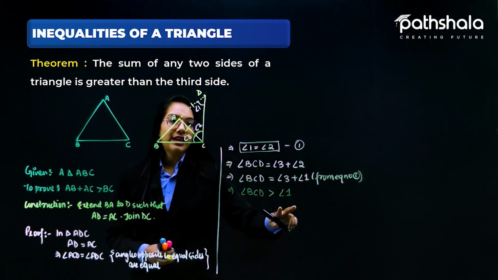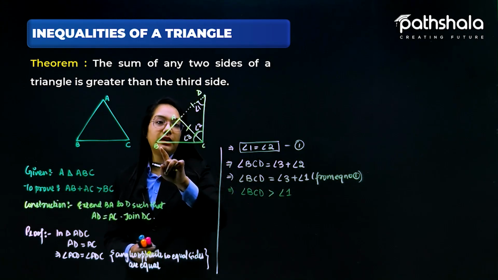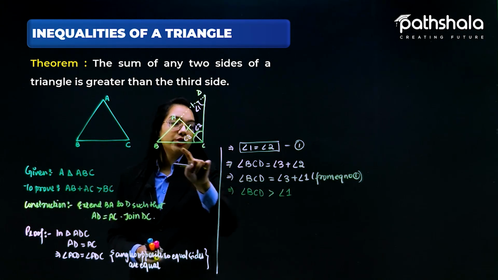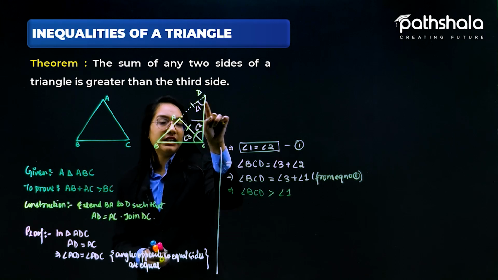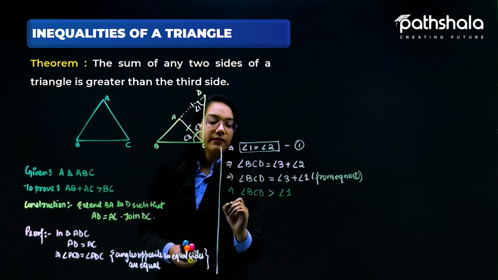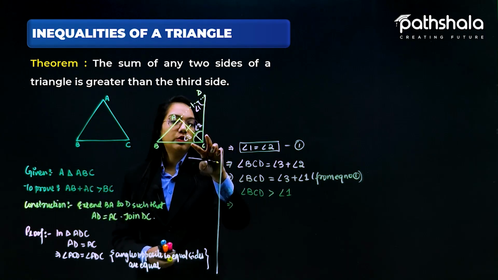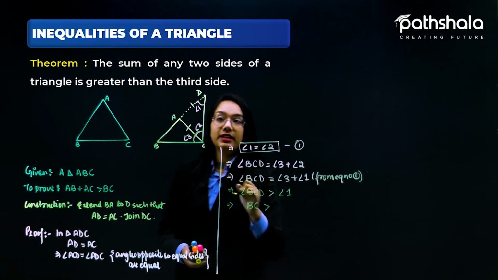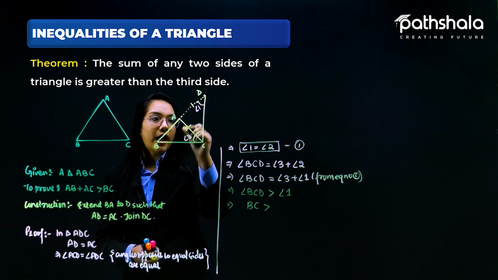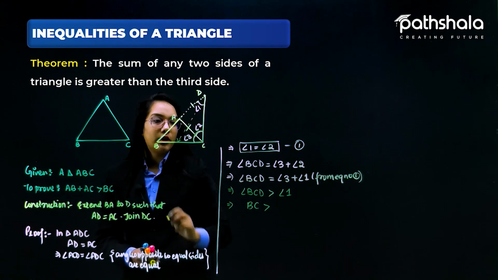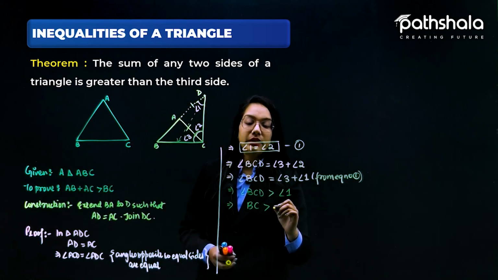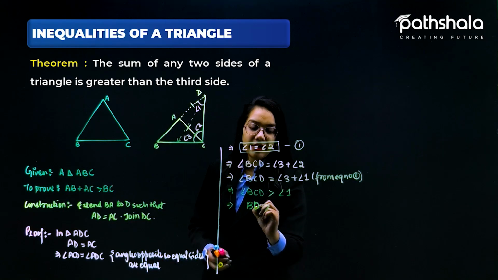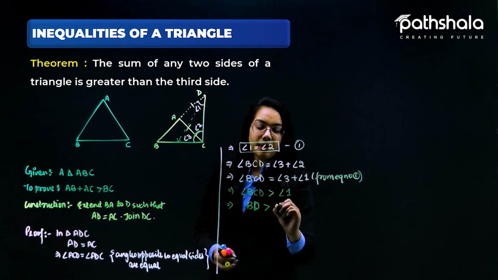And what can we say about this BCD? The side opposite to angle BCD is BD. It implies BD is greater than the side opposite to angle 1. The side opposite to angle 1 is BC. It implies that BD is greater than BC.